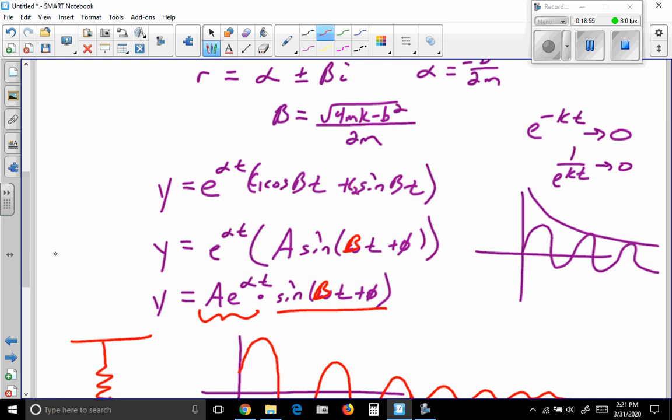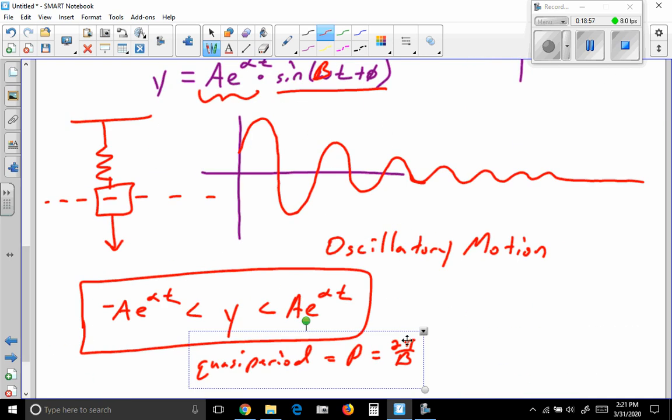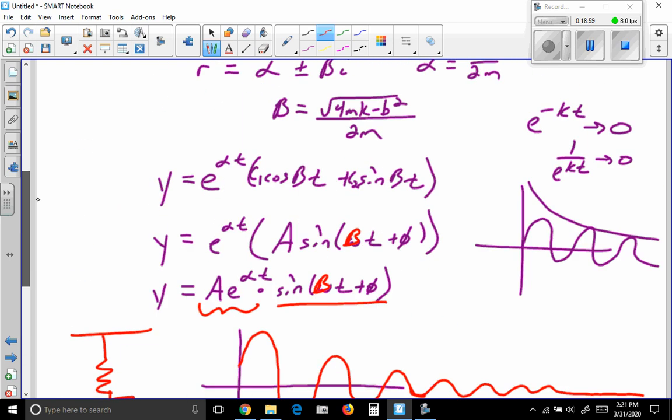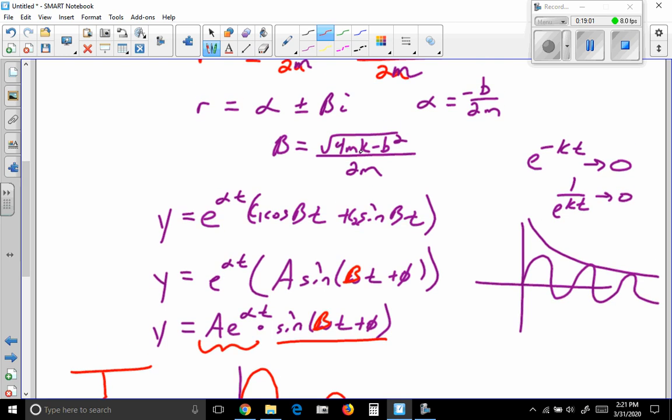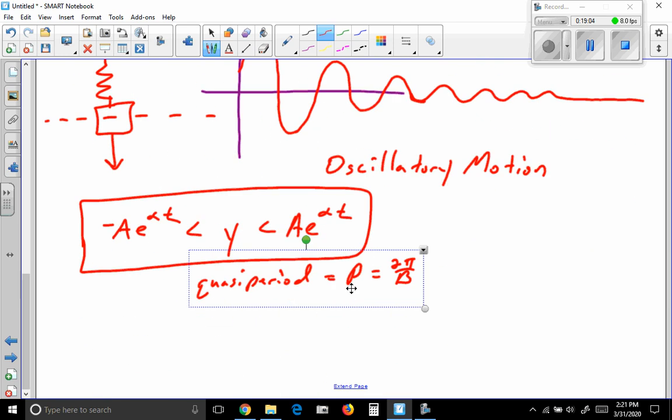So 2 pi over beta, as we define beta up here, gives us our quasi-period. Frequency is the reciprocal of period, so our quasi-frequency is either beta over 2 pi, or we could call that 1 over the period.